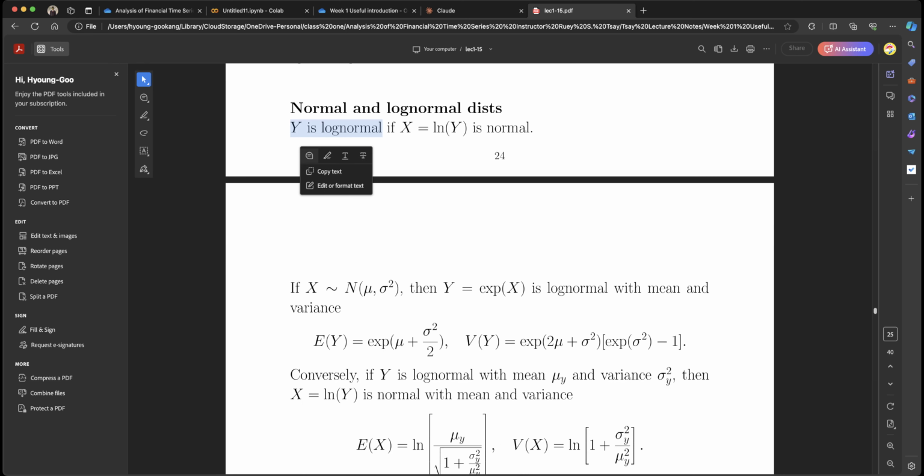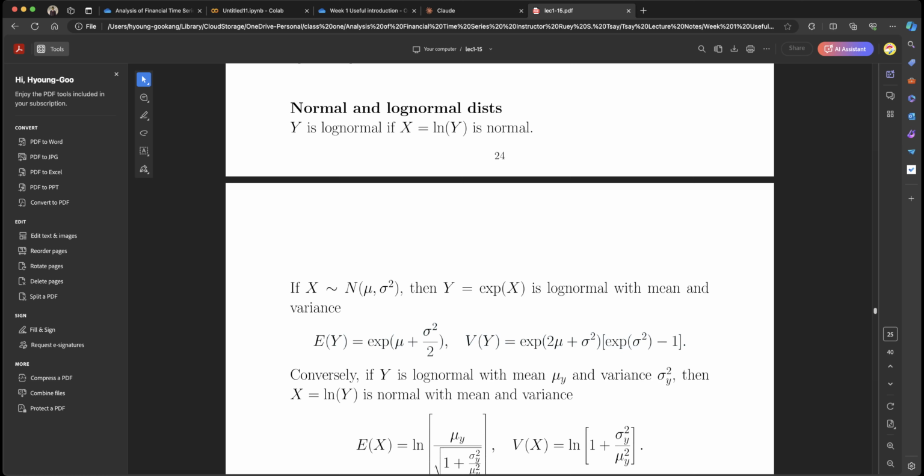If x is normally distributed, mean is mu and variance is sigma squared, then y is the exponential of x, exponential of normal distribution. Therefore, it is log normal distribution, and log normal with mean and variance of something like this. So it is a formula.